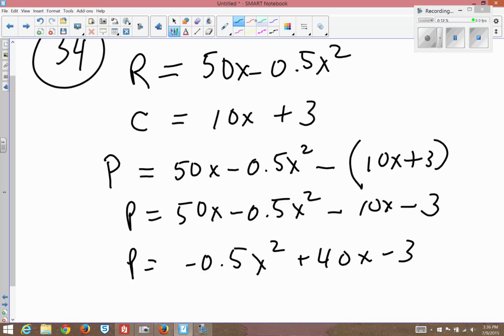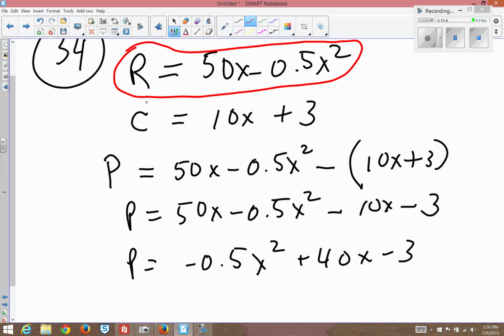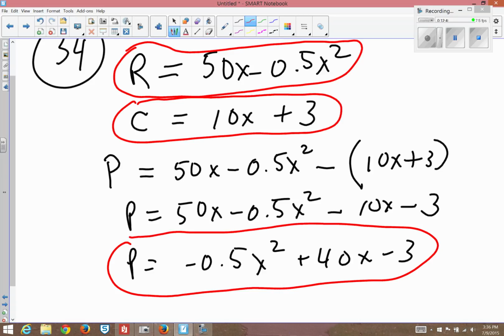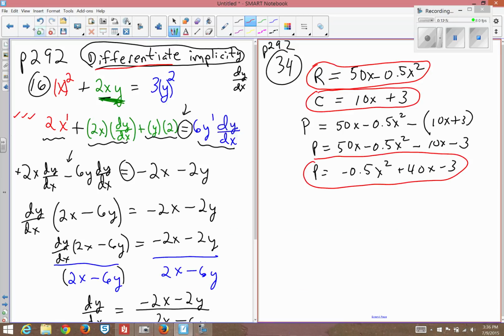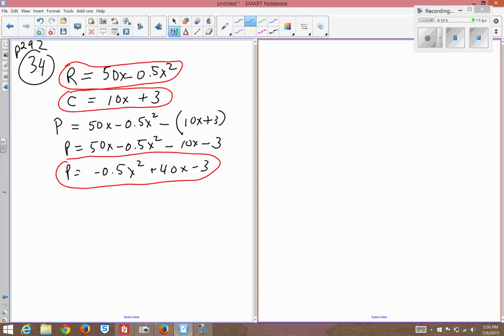So we have three functions here. We have a revenue function, which was given, a cost function, which is given, and a profit function that we just figured out. The directions are to find the rate of change of the revenue. The phrase rate of change of the revenue means the derivative of the revenue.